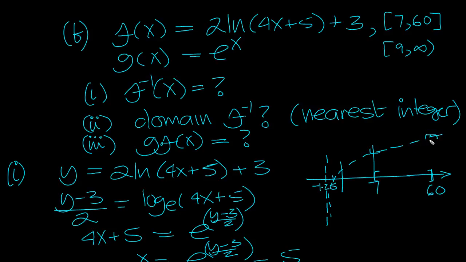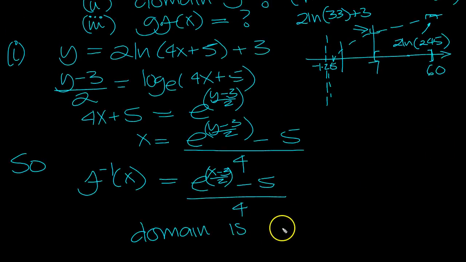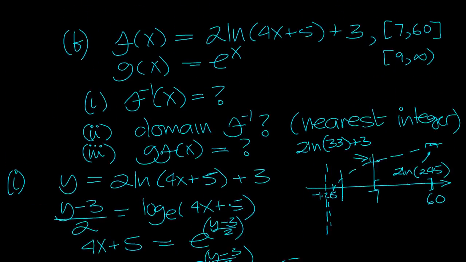So the domain of f minus 1 will be, put 7 in. So this value will be 2 ln(28 plus 5), that's 33, plus 3. And this value is 2 ln 245, plus 3 at the end.